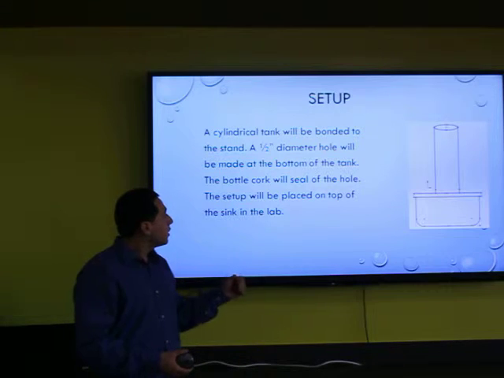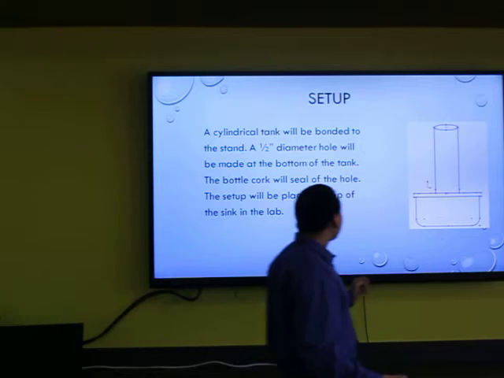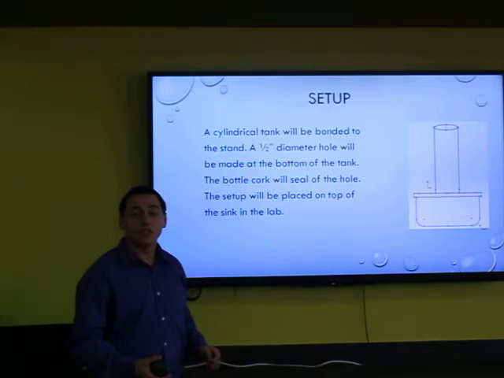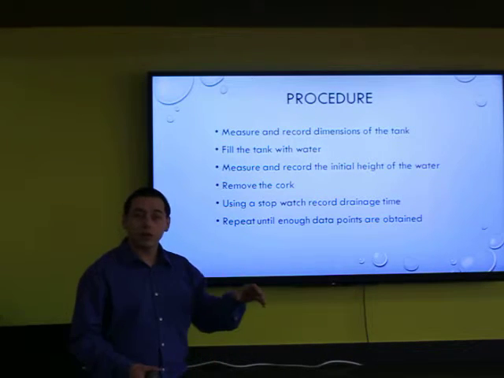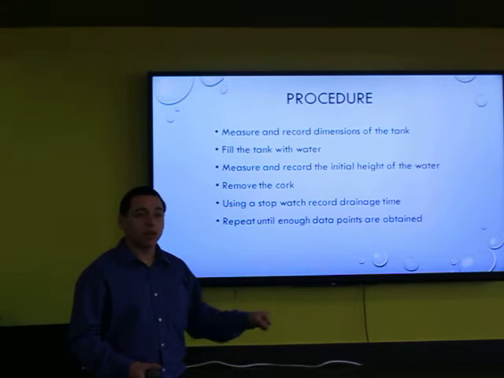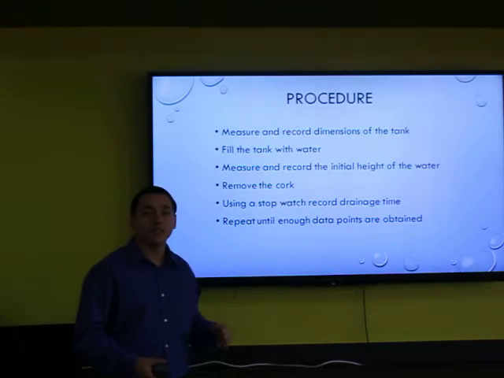This is the setup right here. The orifice will be located right here. It'll be a 1/2 inch orifice that we'll probably make with a push drill or some sort of drill. So the procedure will be: we're going to fill up the tank with water, using probably a coffee pot or so, until we reach the predetermined height of the tank.